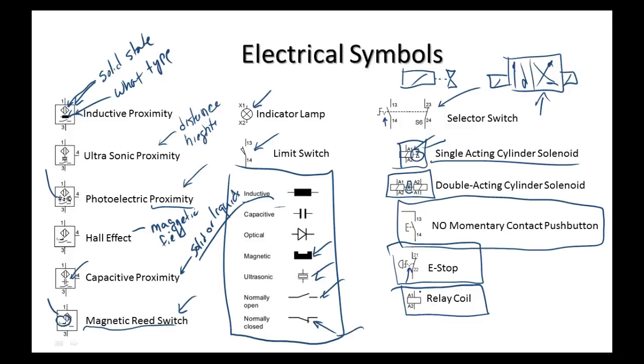Back on capacitive, how does it work? The way a capacitor works, if we draw it like this, it makes more sense. We basically have 2 metal plates. And then we electrically make a circuit through here with an electrostatic field.